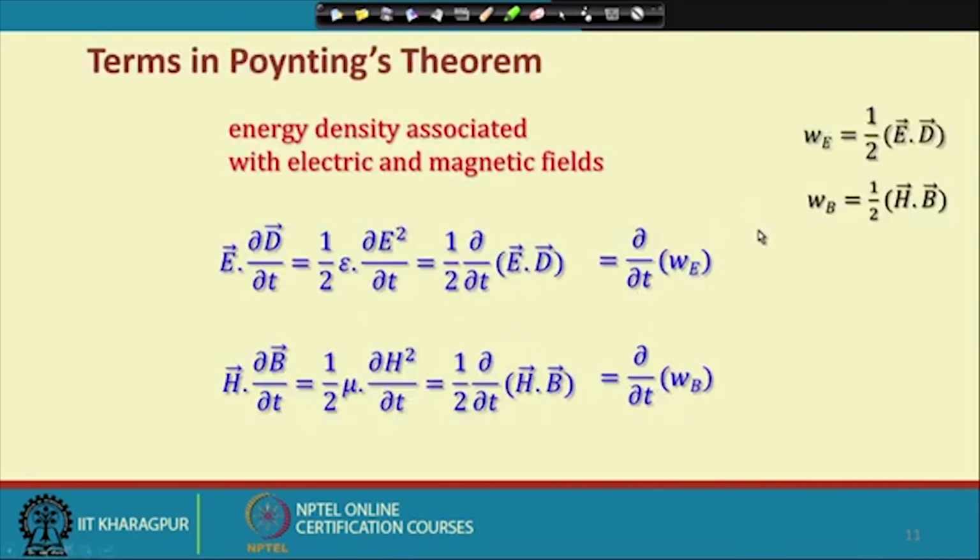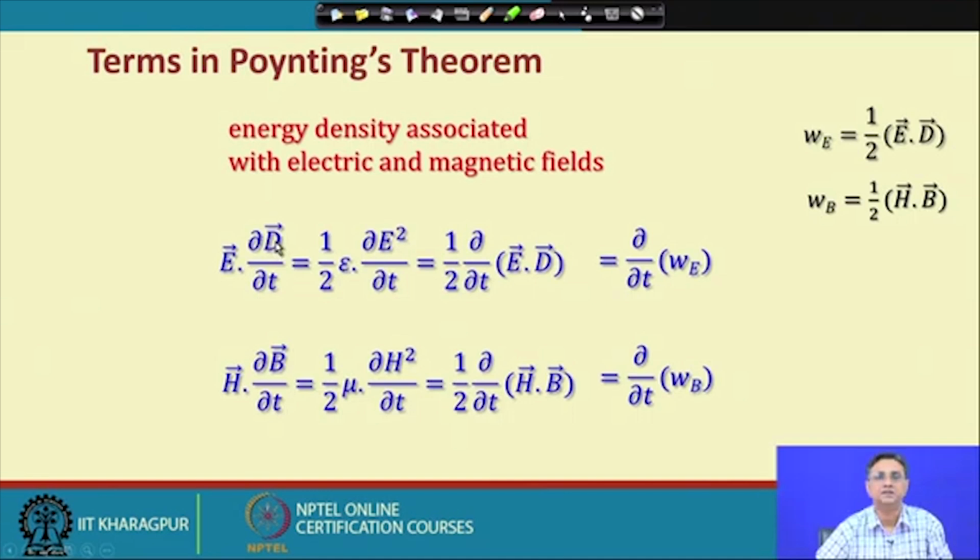So, if we use this definition of the electric and magnetic field energy density, then we can write E dot del D del T, which is equal to half epsilon, replacing D, that is D equal to epsilon E. So, half epsilon into del E square del T, which can be rewritten in this form, half del T of E dot D, which is equal to del T of the electrical energy density W E. So, we have used this electrical energy density here in place of this. You can take half inside.